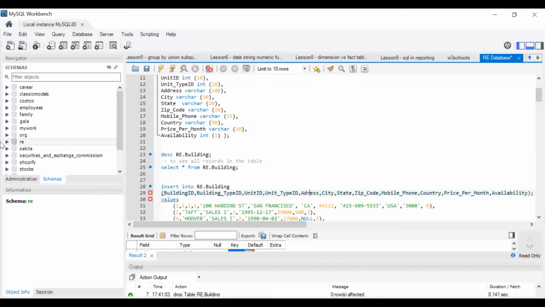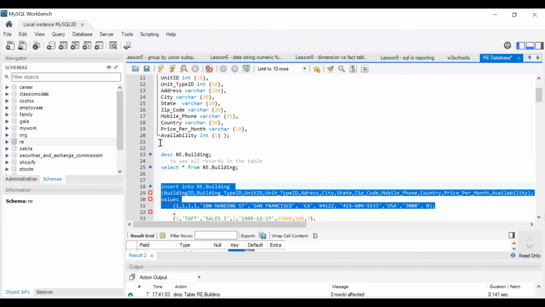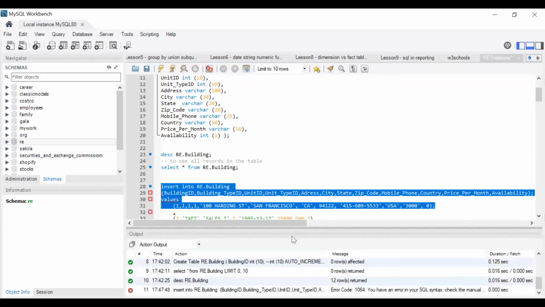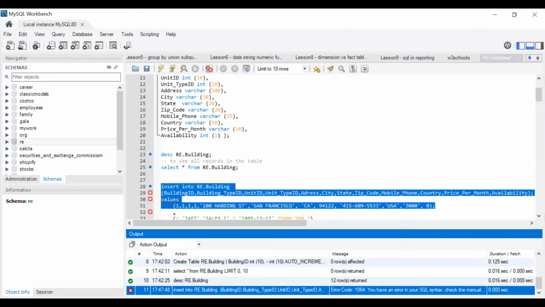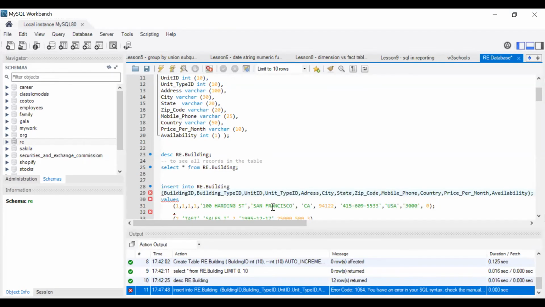Okay. Let's run it. Error code. There is a mistake somewhere.